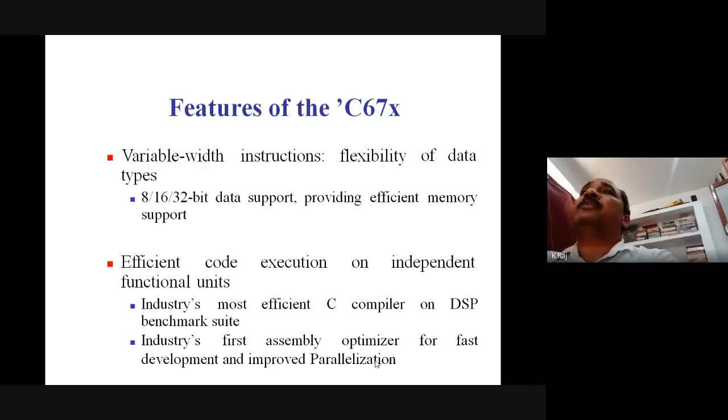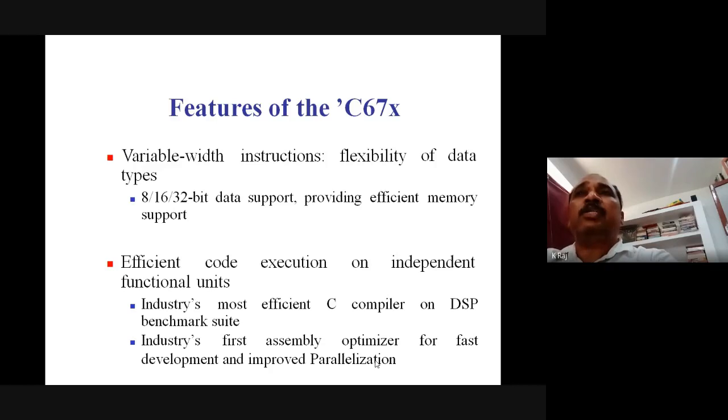And variable bit instructions, that is if there is variable bit instruction, naturally there is a flexibility of the data types, having the flexibility of the 8-bit, 16-bit, and the 32-bit data support here, and it provides the efficient memory support and efficient code execution on independent functional units.